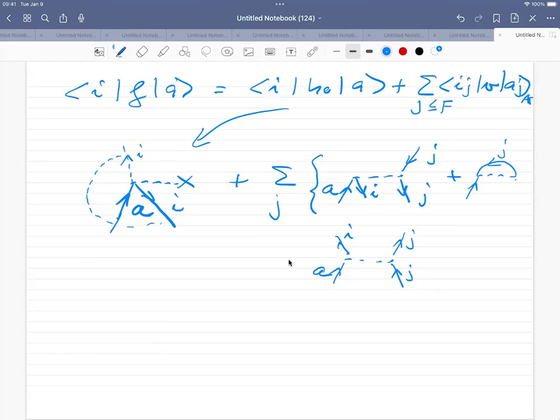If we write it out, it would look something like this. So I have a state I and a state J, and then I have interchanged these two. So I have a hole state A here, that's the exchange term, and I have a state I like this. So this will be given now by a state I here, and then I have a state A coming in like that.